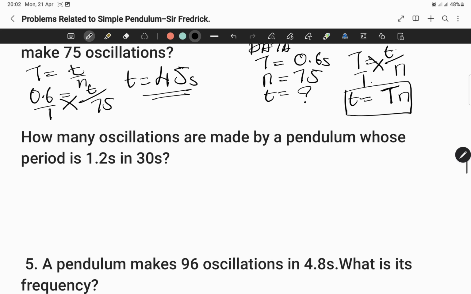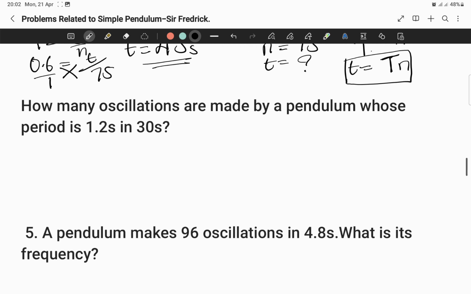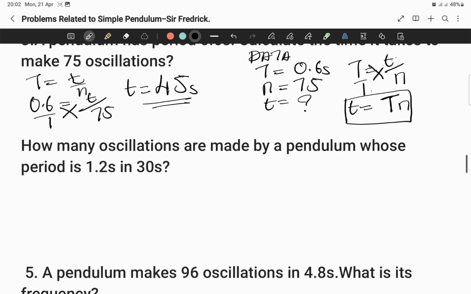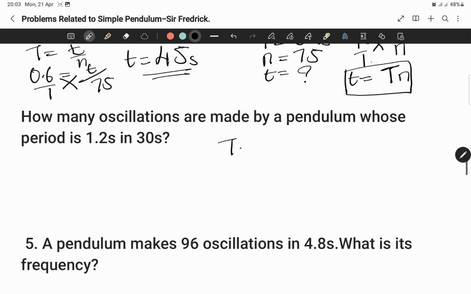Okay, so let's build up on that. We move on. Then suppose we now have this question: how many oscillations are made by a pendulum whose period is 1.2 seconds in 30 seconds? So we've been given what?